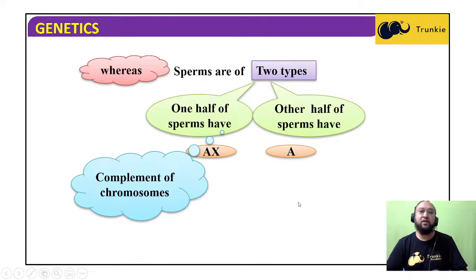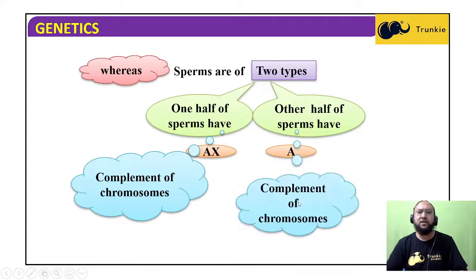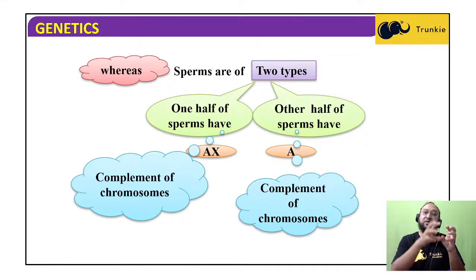McClung studied the grasshopper and found that this is heterogametic sex determination. When the sperms are produced, 50% will have X and 50% will have no X chromosome. Only autosomes will be there.